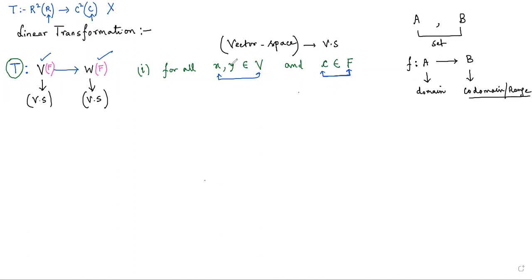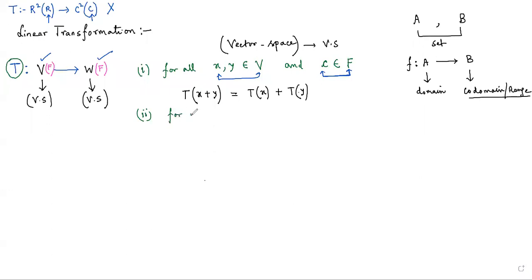You know this very well. So if I take any two elements x, y from V, and any element c from the field on which the vector space V is defined, then we must have T of x plus y equal to Tx plus Ty. This is the first property that needs to be satisfied. The second property that is important is the following.